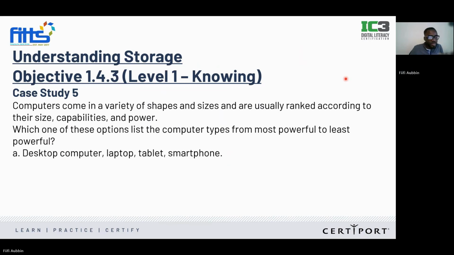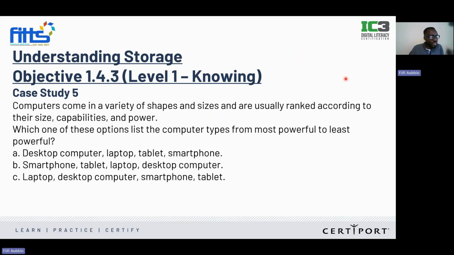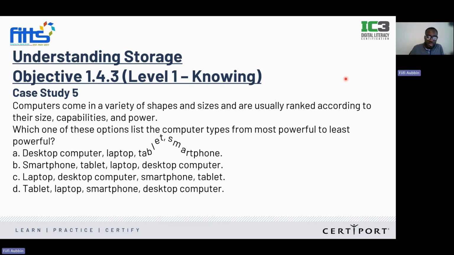Desktop computer, laptop, tablet, smartphone. So what do you think is the answer? If you guessed, then your guess is as good as mine. The desktop computer is the most powerful, followed by laptop, then tablet, then the smartphone being the least on that list.